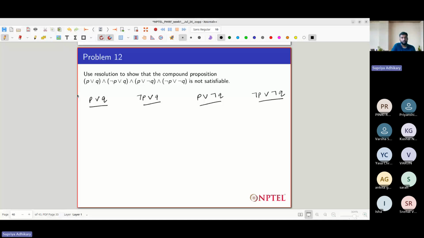By combining these two, we get Q, Q disjunction Q, which is nothing but Q. Now Q and this: over here, we can again get rid of this P and negation P, which gives us negation Q. And the conjunction of this Q and negation Q actually gives us false.